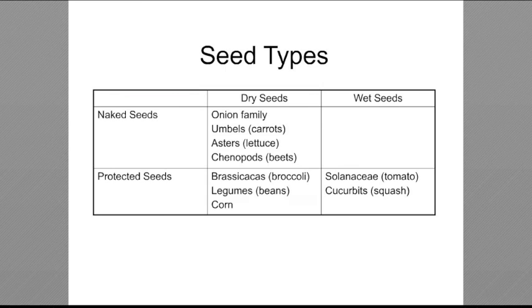So if you have a lot of rain, or even if you just have really humid conditions because you're close to big bodies of water, this can have an impact on seed-borne disease. It can also influence seed germinating earlier, while it's still on the plant. And in some cases, in really humid conditions, you might have the flowers rotting before they even set seed. So naked seeds don't do well in a humid climate.